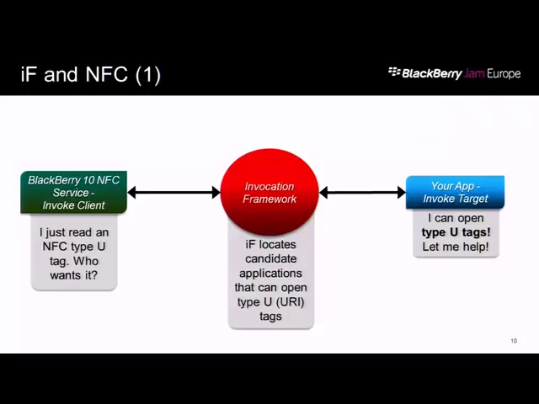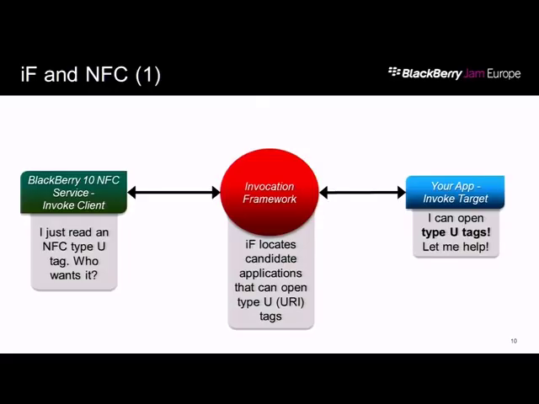So, how does the Invocation Framework work with NFC? We had two roles. Remember, there was a client and a target. Suppose, in this particular case, the NFC stack, the NFC service in the device, is acting as a client to the Invocation Framework. So it says, I've just read a tag of a certain type. And your application says, I'm interested in tag types of a certain kind.